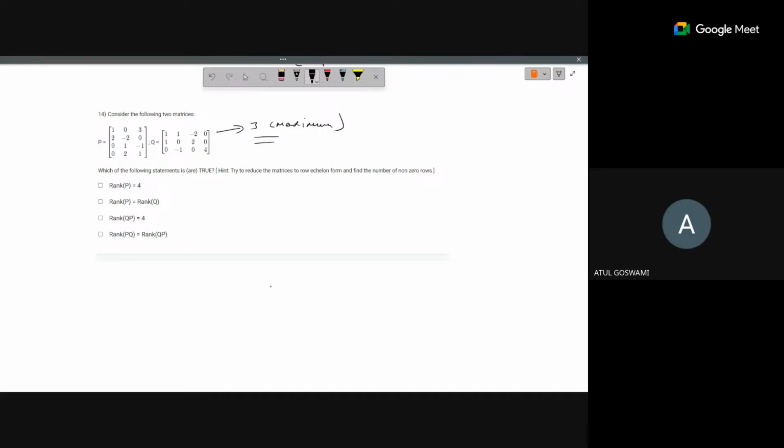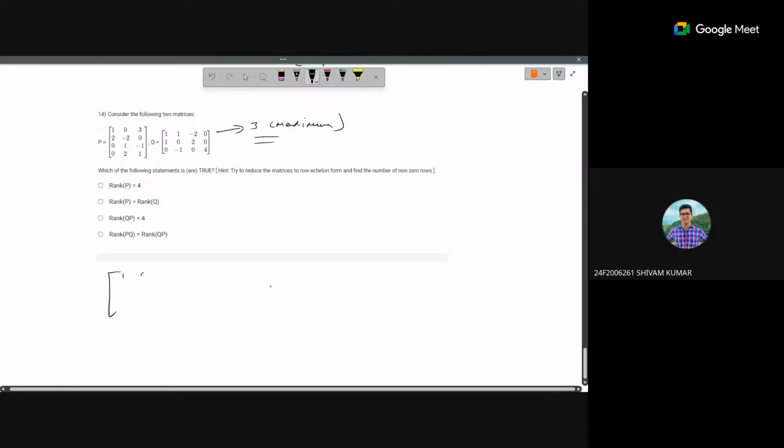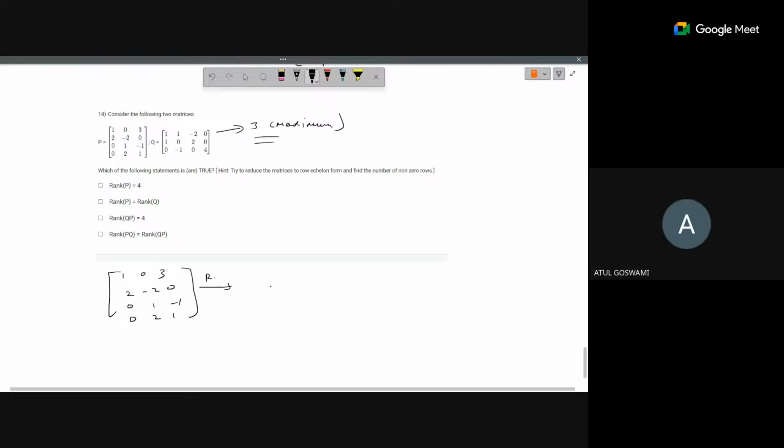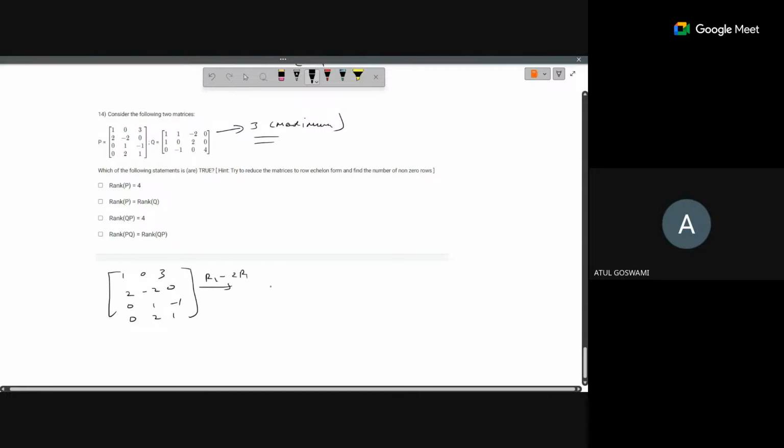So take this matrix: 1 0 3, 2 minus 2 0, 0 1 minus 1, 0 2 1. Try to reduce it. Reducing it, we take R2 minus 2 times R1 and we get 0, minus 2 and minus 6, right? And 0 1 0 2 1.